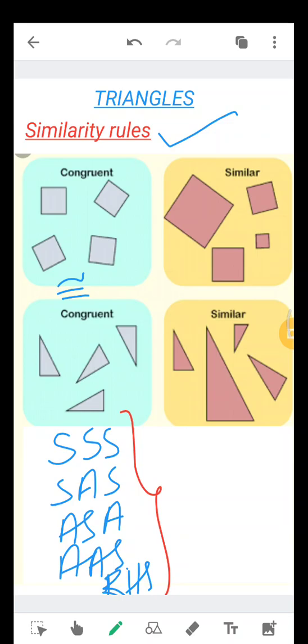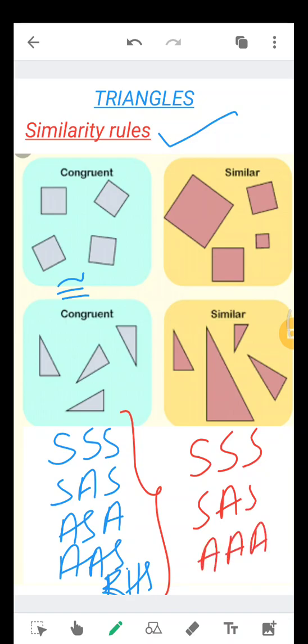There are three similarity rules: SSS, SAS, and AAA. So for similarity of triangles we have these three rules, and for congruency we have those 5 rules. We are going to discuss each of these in today's session.